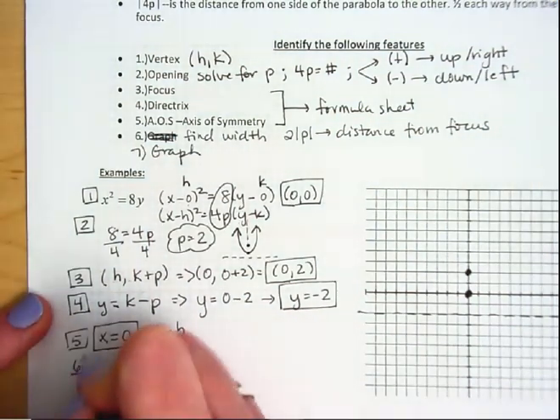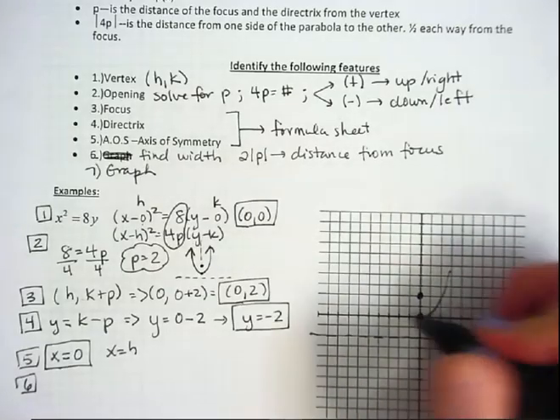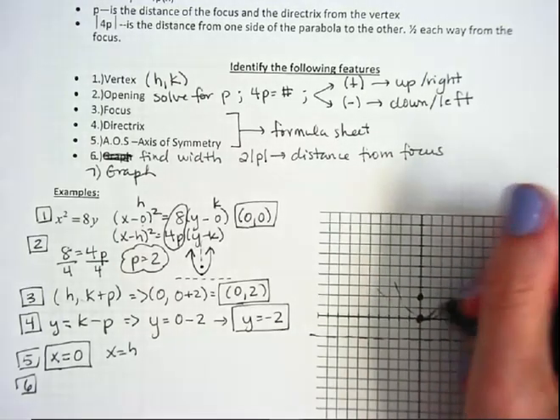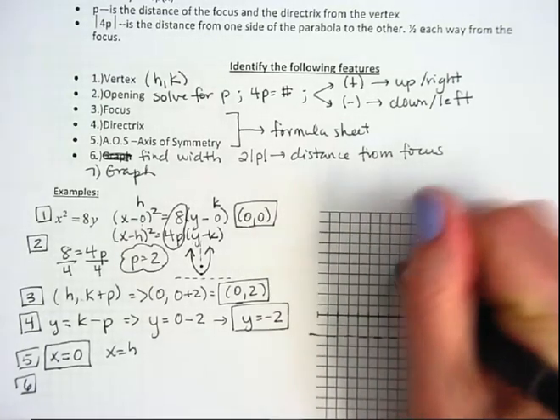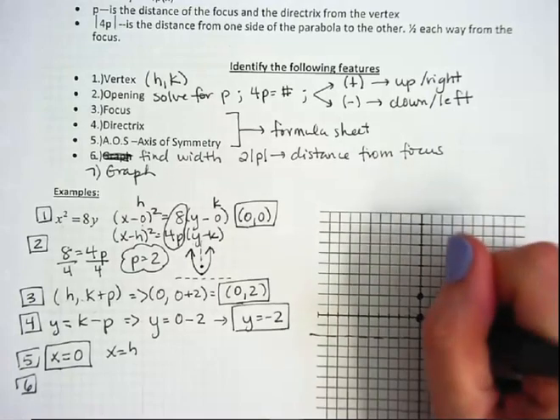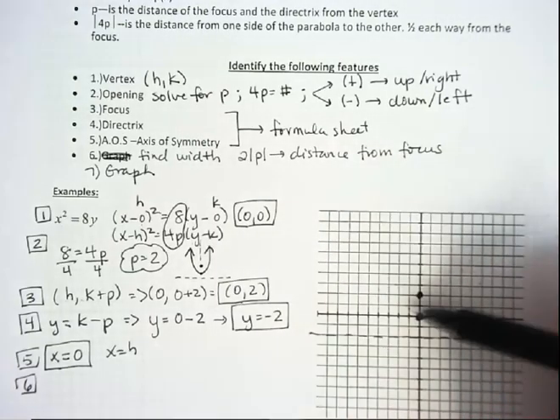Now we're going to find the width of the parabola, because I know that I'm graphing something like this, but I don't really know how wide or narrow the graph is. So here's what we can use, a counting pattern, to find that information. We know that P is 2. And here's my vertex.